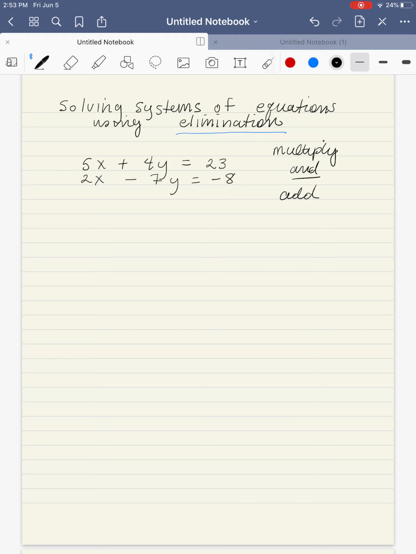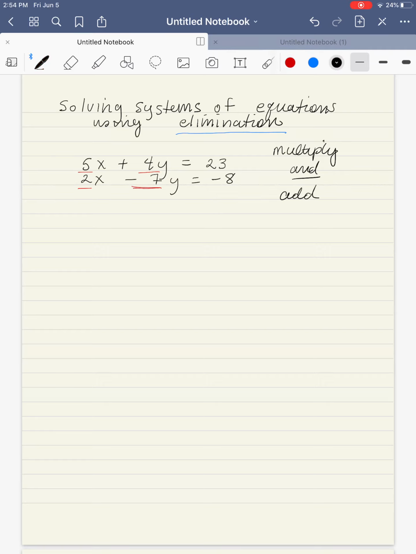So I'm going to look at the 5 and the 2 here and think about what would I multiply the 5 by and the 2 by to get the same number, one positive, one negative. Or I could look at the 4 and the negative 7. Because I already have a negative for this one, I'm going to choose to eliminate my y's.